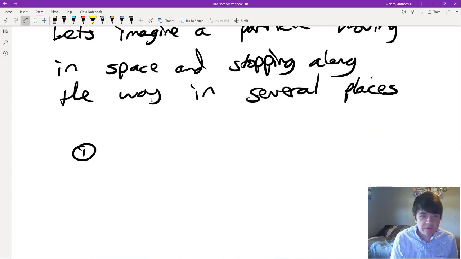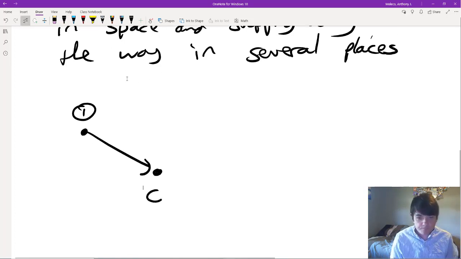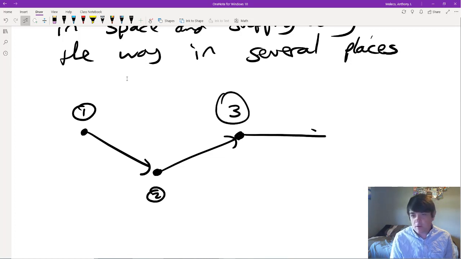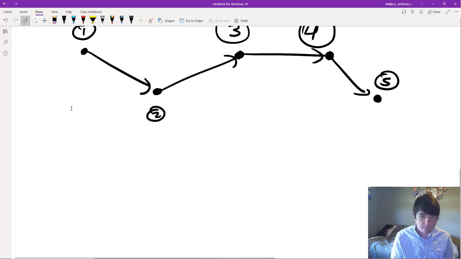It starts at place 1, then moves to place 2, then moves to place 3, then moves to place 4, and then moves to place 5. So you've got some particle starting at 1, going from 1 to 2, 2 to 3, 3 to 4, 4 to 5.